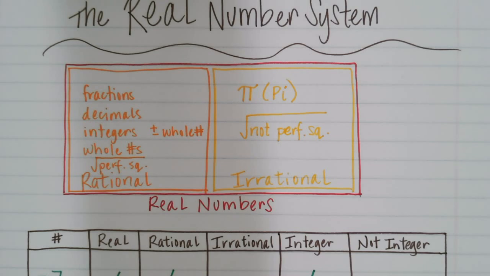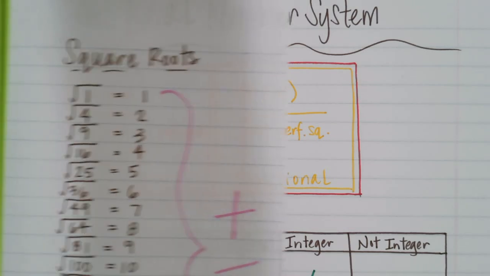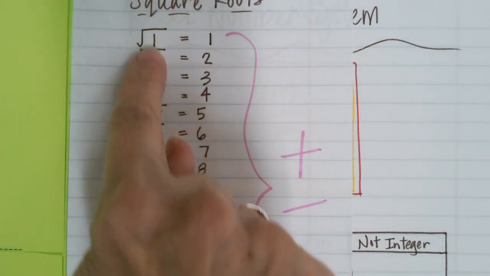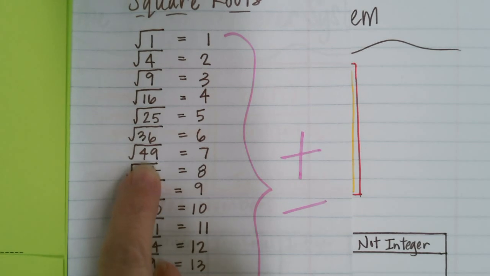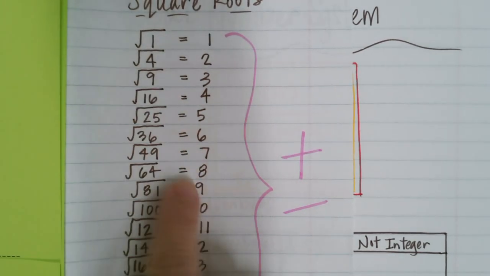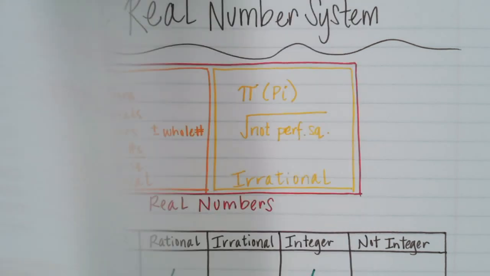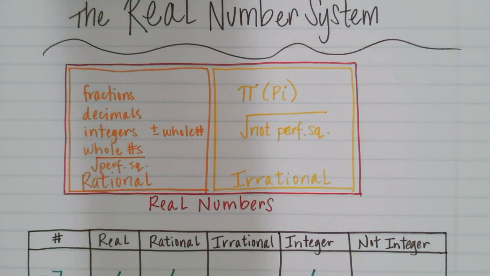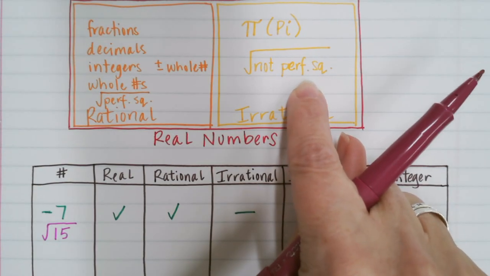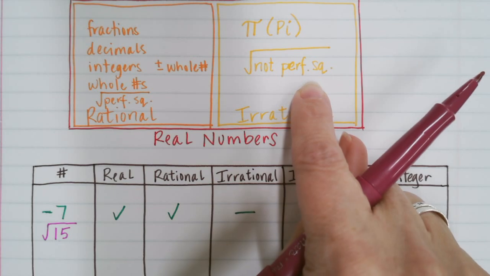If you need to get that back out, let me grab that so I can show you. So, is the square root of 15 on our perfect square list? Well, the answer is no, it's not. So, the square root of 15 would be right over here because it's not a perfect square.